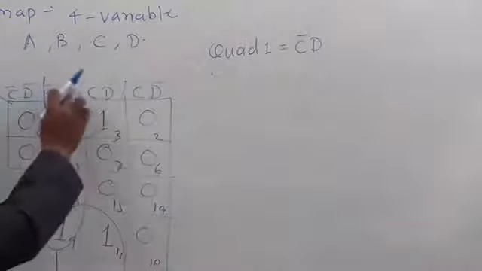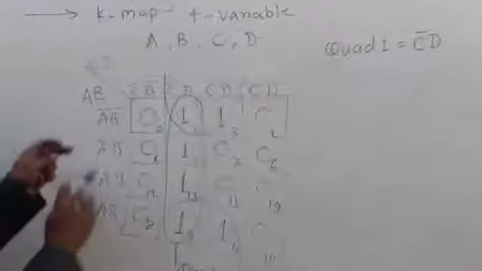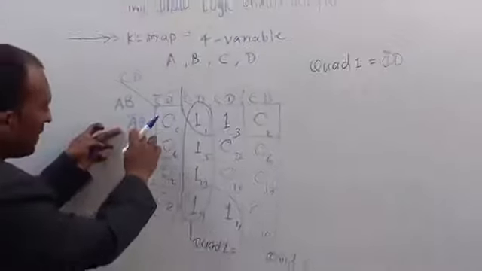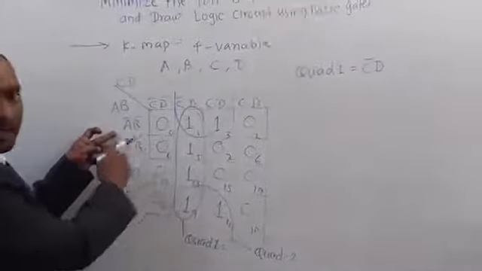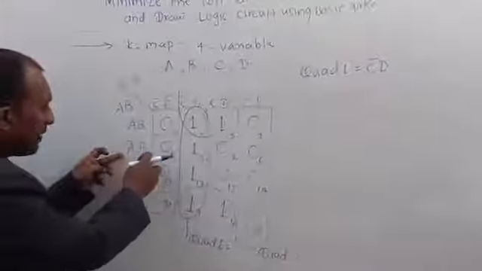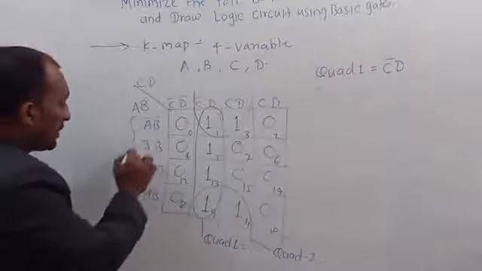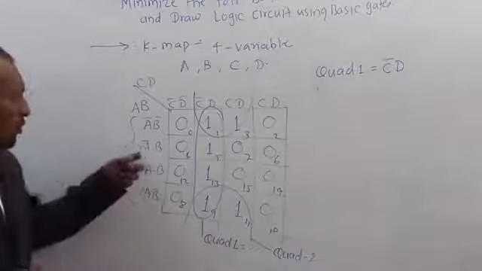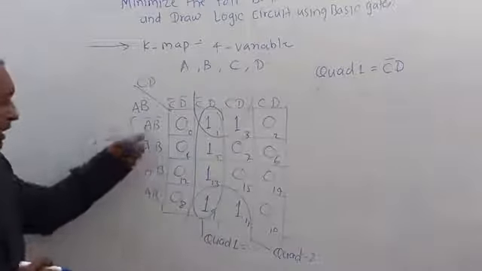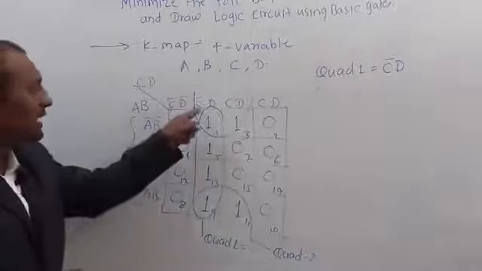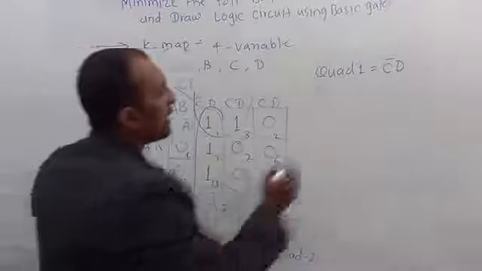You can directly write C bar D. Why? You can see A bar B bar, A bar B and AB get cancelled, A bar B bar and AB bar get cancelled. So that's why we do not consider this part of the equation. We can directly write C bar D.